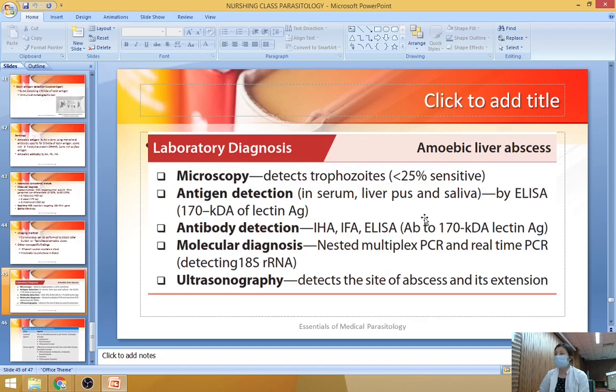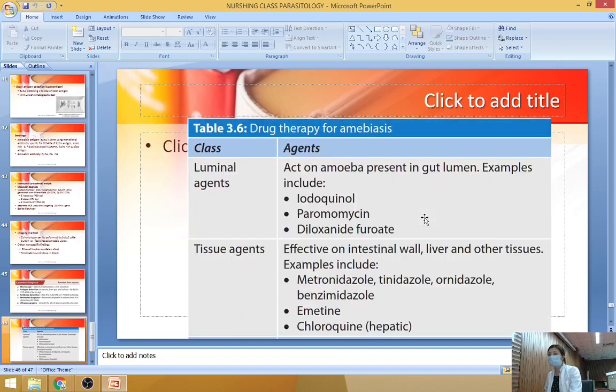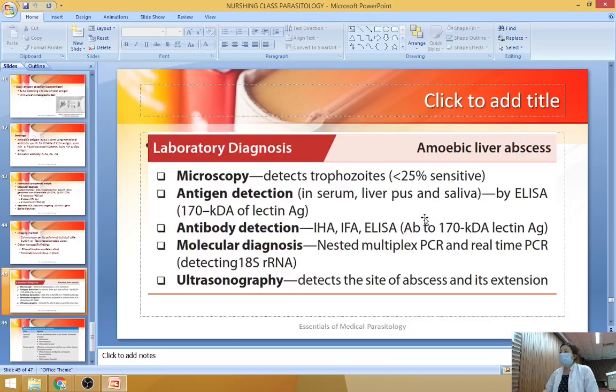See, amoebic liver abscess. How to detect the amoebic liver abscess? Remember, it involves pus and all. Suppose a patient with an amoebic liver abscess comes to you saying, sister, I am having pain in the right upper quadrant.